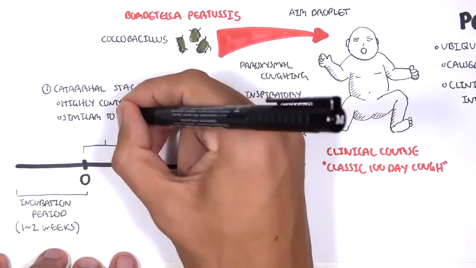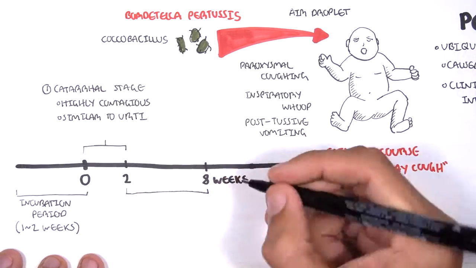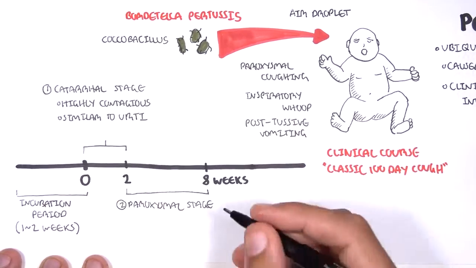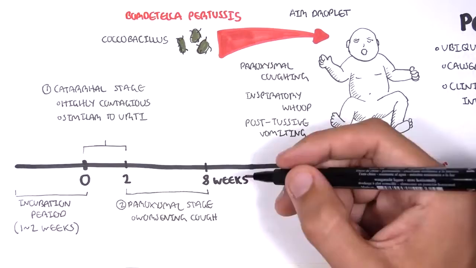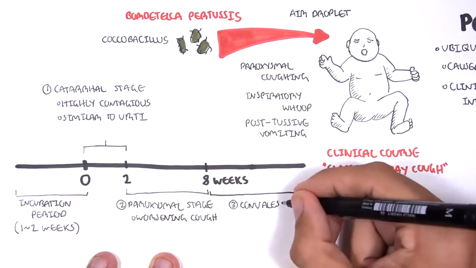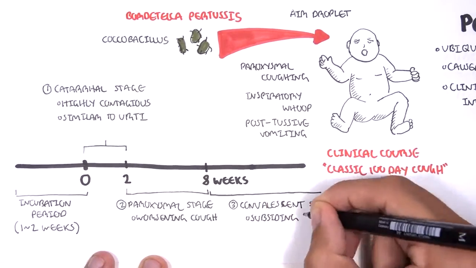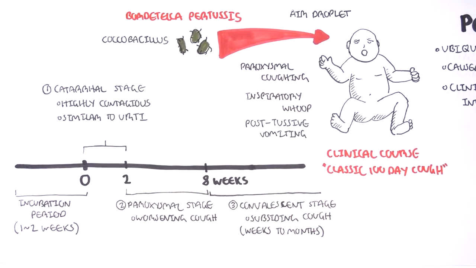Symptoms are also similar to upper respiratory tract infections. And this goes on for about 2 weeks. Between 2 to 8 weeks, the next stage is the paroxysmal stage, where you get essentially a worsening cough. 8 weeks onwards is the convalescent stage, where the cough subsides, with coughs here and there for weeks to months.